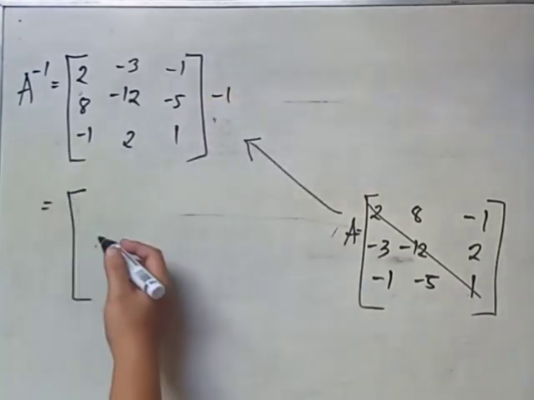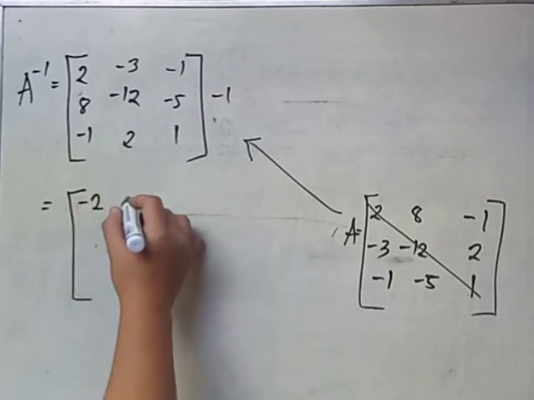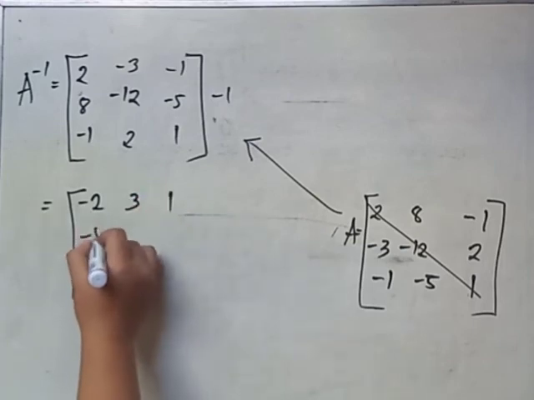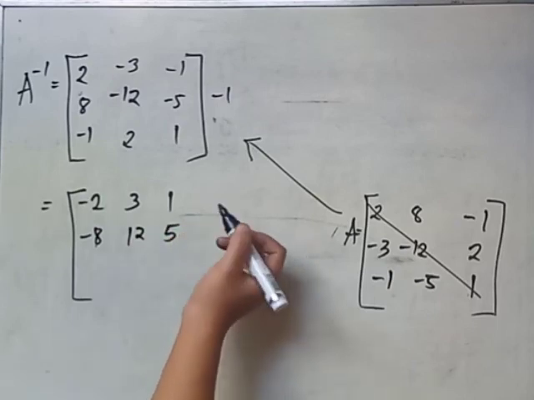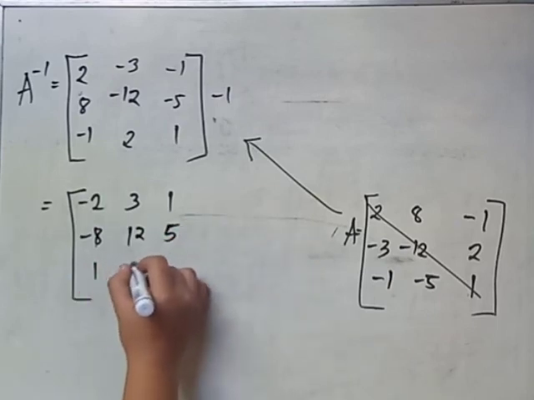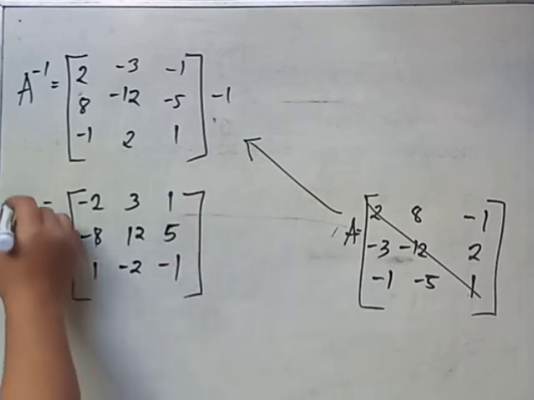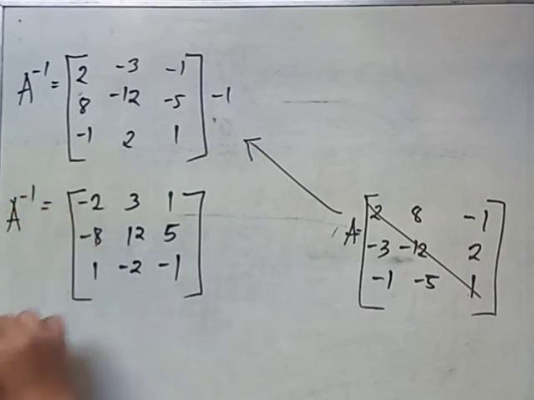If we multiply every element in the matrix by negative 1, that will be negative 2, 3, 1, negative 8, 12, 5, 1, negative 2, and negative 1. So this is now the inverse of our matrix.